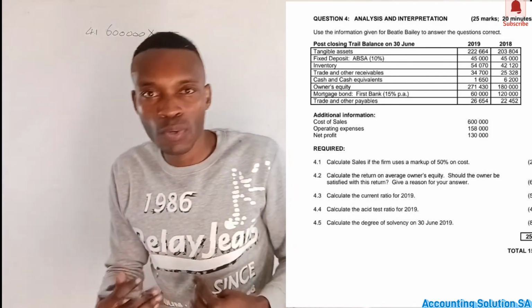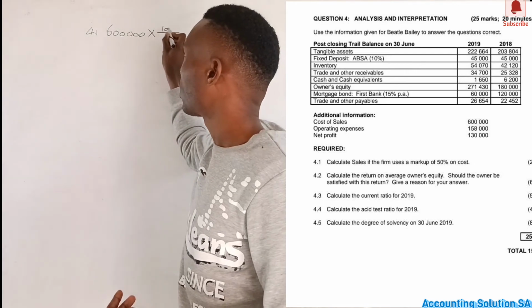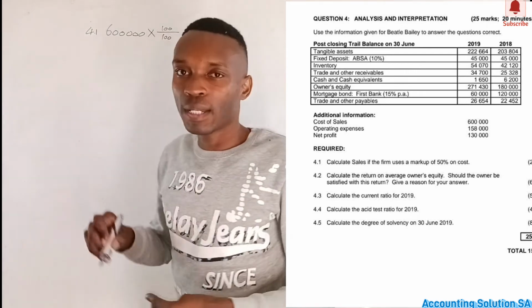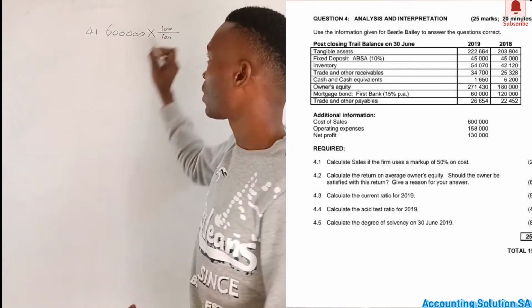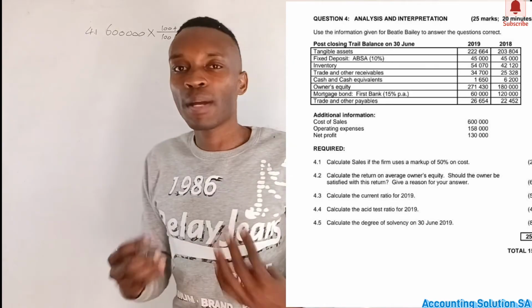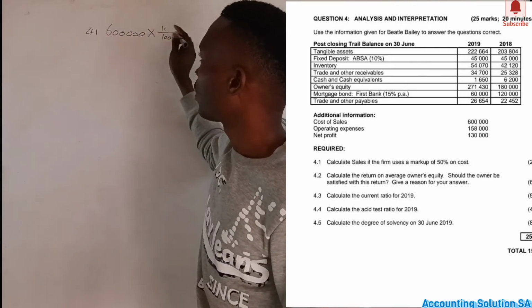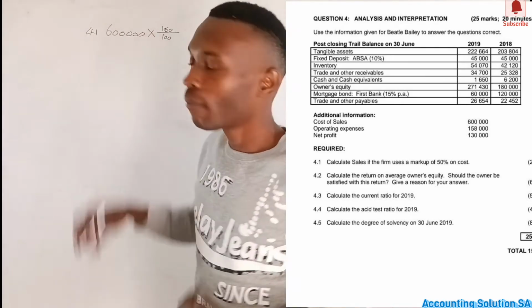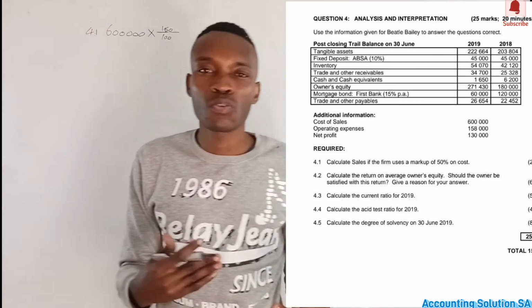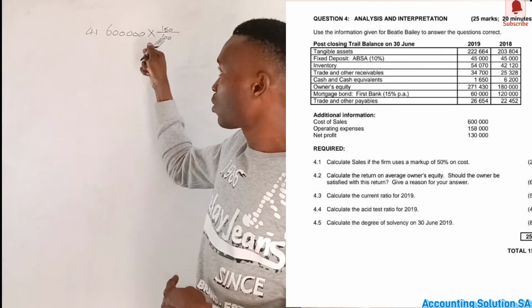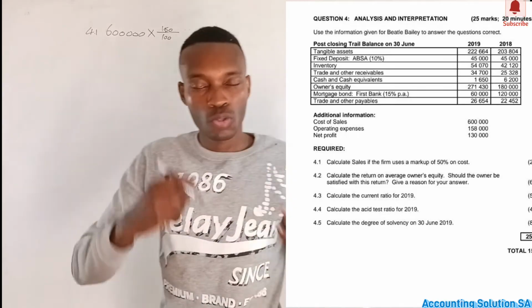Remember, cost is always 100, but because we are looking for sales, we must also add what? Our markup of 50%, which means that it's going to be 150 on top. But if we have sales and we are looking for cost of sales, 150 would be on the bottom and 100 on top.